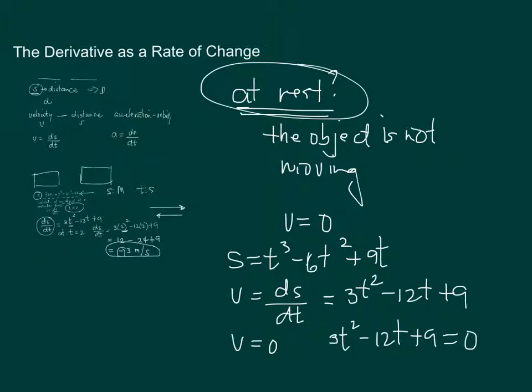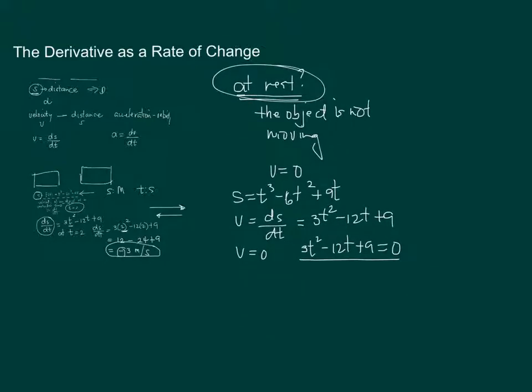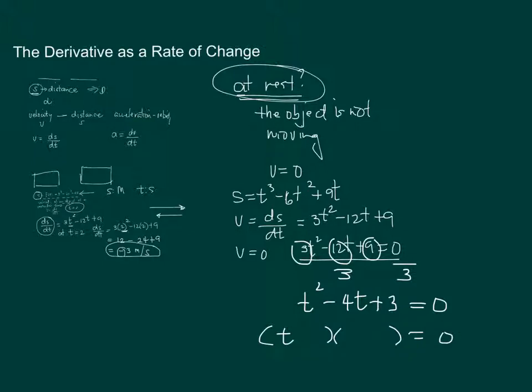So to find the time when the object is at rest, all we have to do is to solve this quadratic equation. First, we could see that we have a 3, a 12, and a 9. These numbers are divisible by 3. So if we divide both sides by 3, the equation becomes t squared minus 4t plus 3 equal to 0. Factoring this will give us t and t, 3 and 1, and I need a negative and a negative.